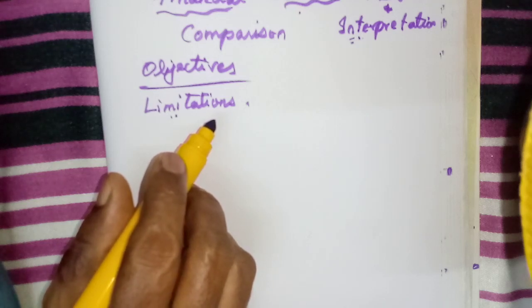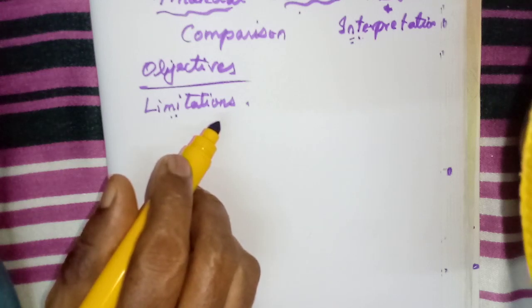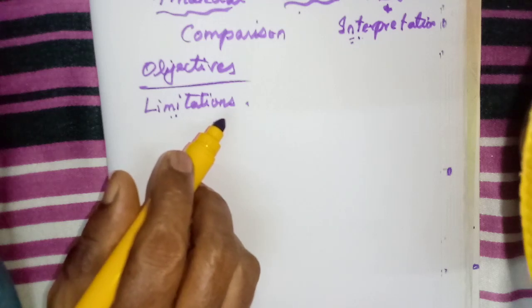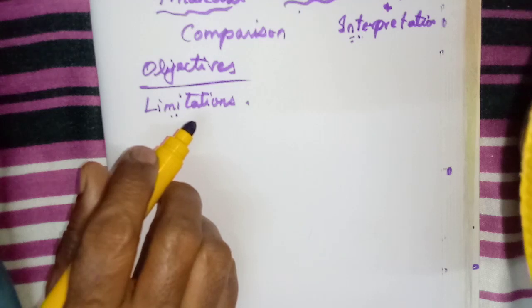That means we analyze and interpret, and with that it will never come to an end. The organization goes on functioning, isn't it? It goes on operating throughout the life of the business. So this financial statement analysis and interpretation is a means only, it is not an end.